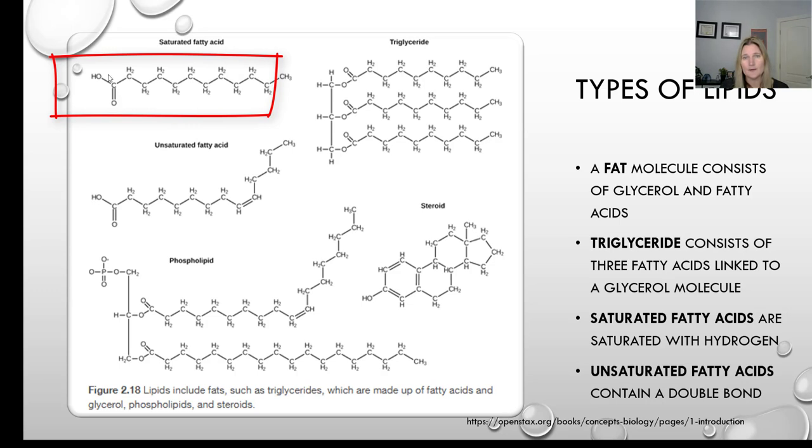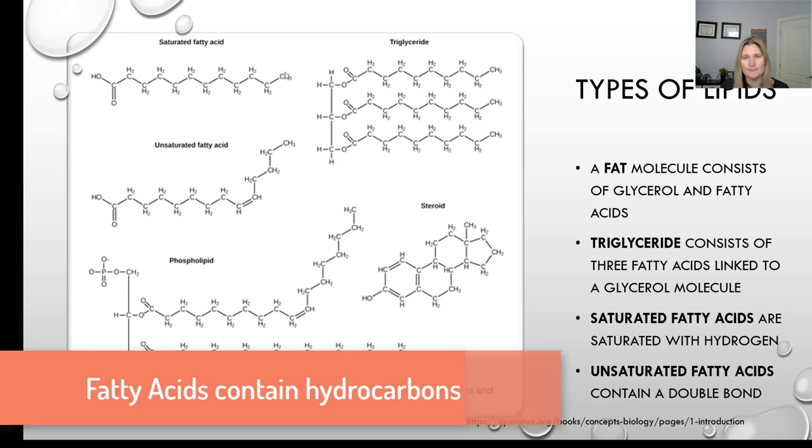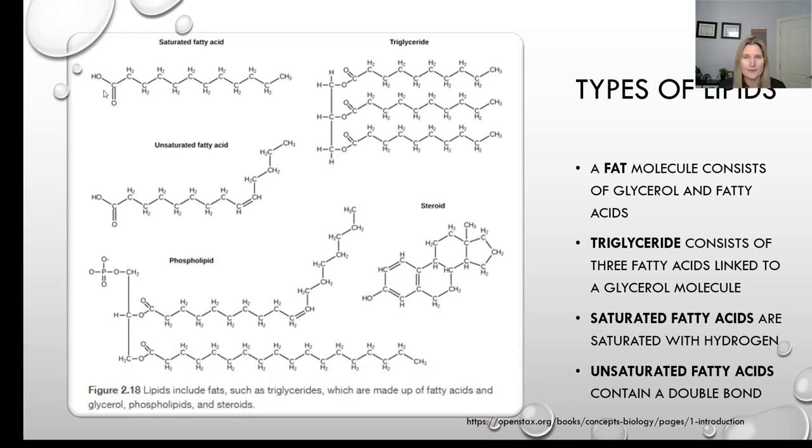We see the carbons linked together, and each carbon is linked to another carbon or two other carbons, but it's also linked to two hydrogens. So it's basically a bunch of C's and H's. And then here we have a carboxyl group, where we have a double bond to an O and a bond to OH.